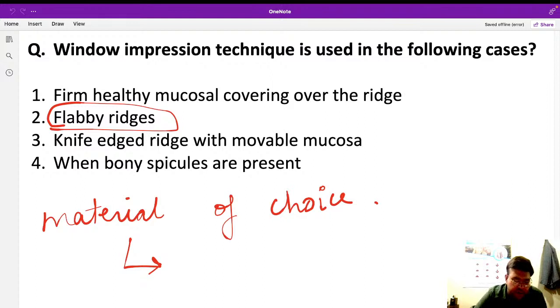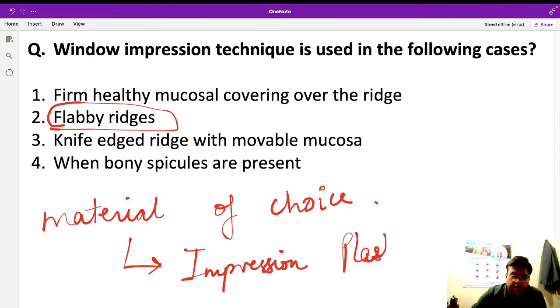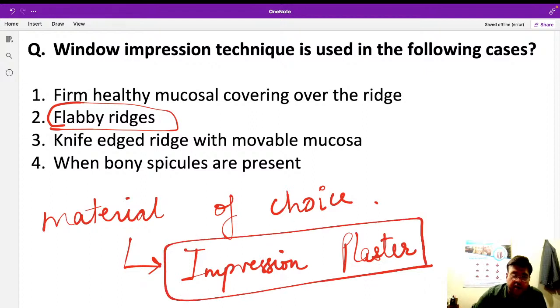But what is the best material? See, a few of you have written POP. POP is wrong. The answer is impression plaster. The answer here is impression plaster, right? That is the material of choice, right? Impression plaster.